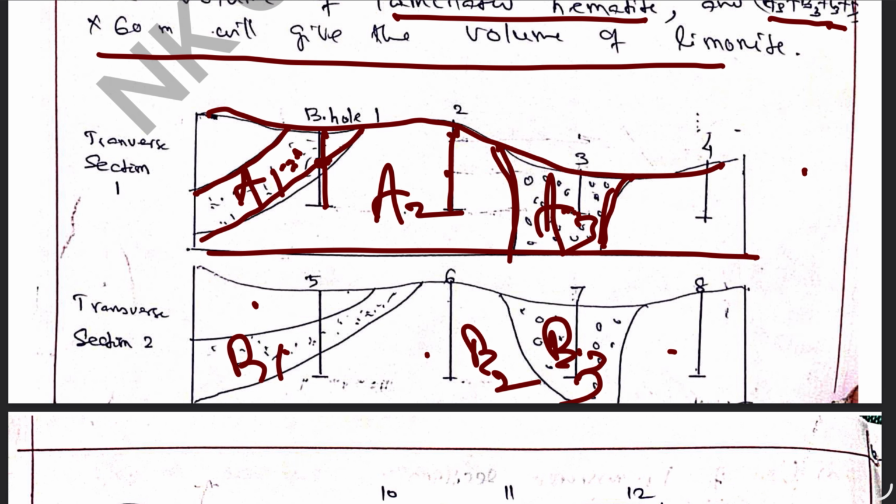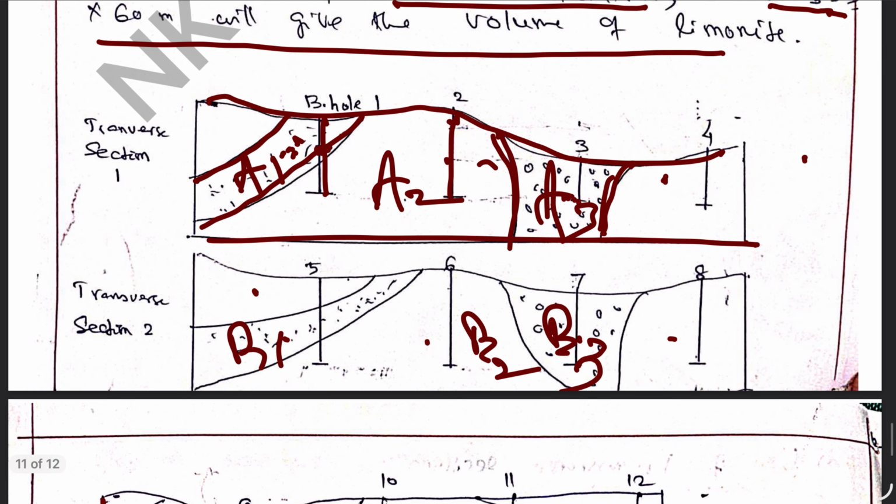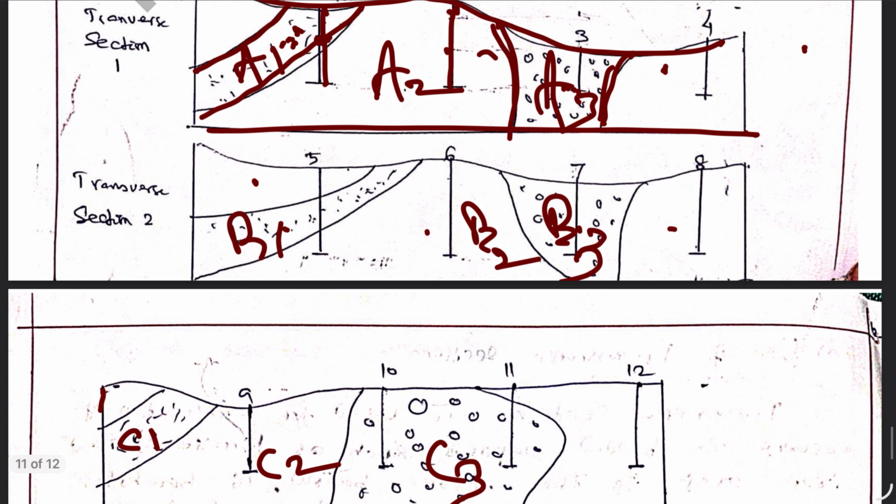After this area is found out, the areas of the four sections are correlated and then the volume is found out. So this is the way transverse sections are used to find out the volume and then the reserve. So this is all I wanted to discuss.